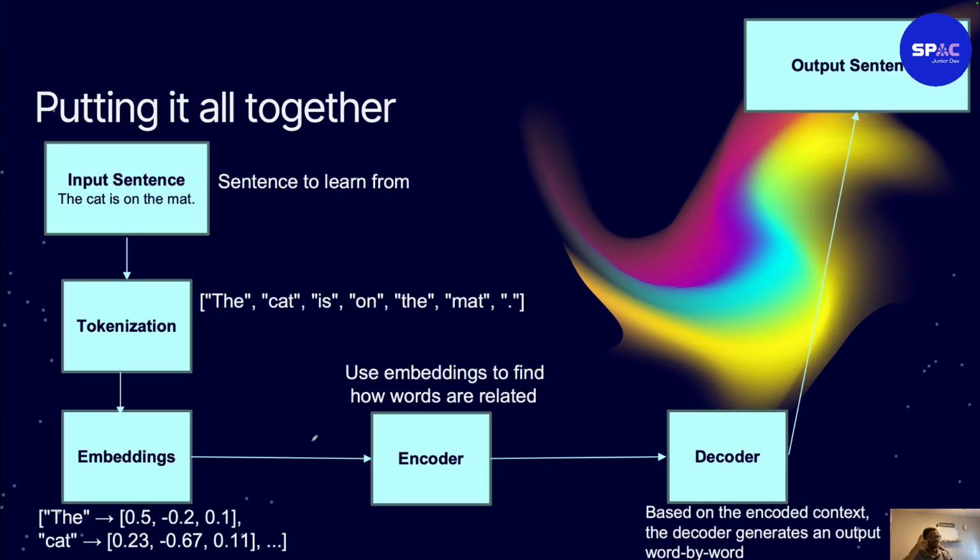Okay, so just to put everything together for us to see it as a whole. The input sentence is the cat is on the mat. This is the sentence that the AI, or ChatGPT, or LLM, or transformer is reading online to learn from. Then the next step is to tokenize it, break it into words or tokens.